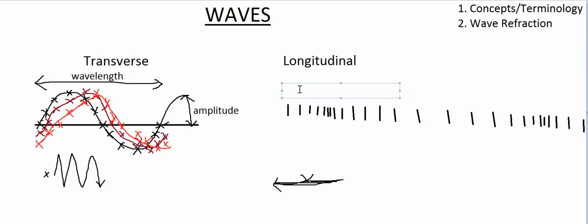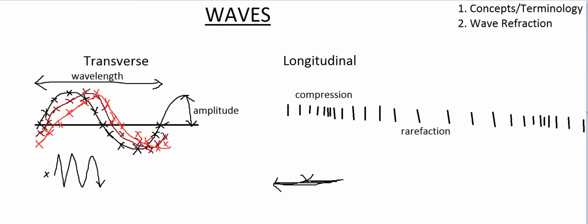This part where the particles come closest together is called a compression. And here, where they are the most spaced out, is called a rarefaction.